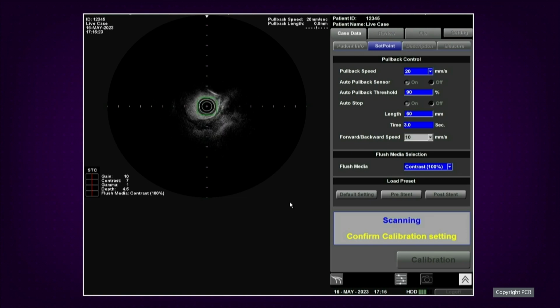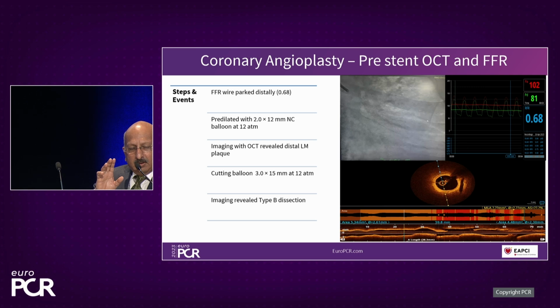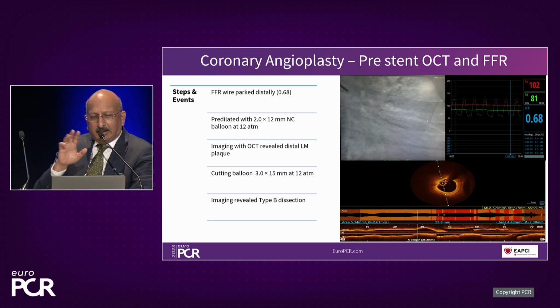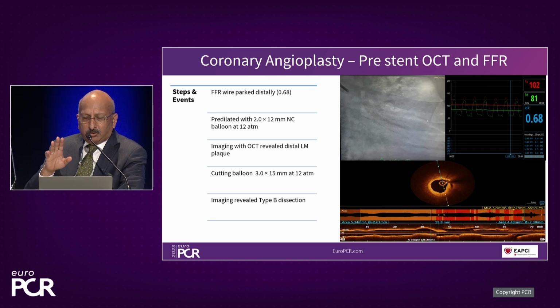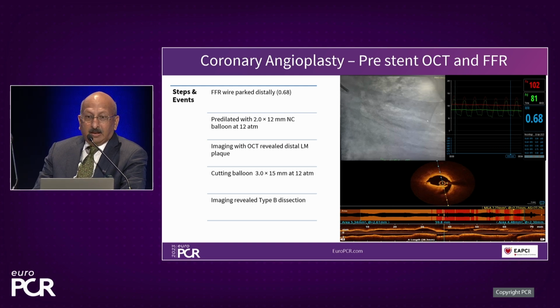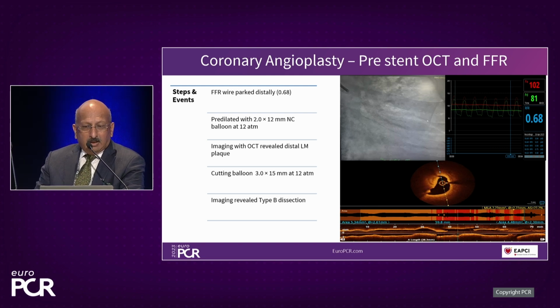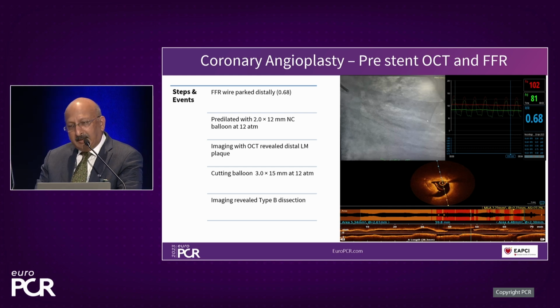Here you can see that we are doing this entire case on an FFR wire, because the initial plan was to do a good balloon dilatation with a cutting balloon, because it is non-calcified, so no shockwave, and then probably leave it with just a regulating balloon. But of course, it was provisional stenting to the LAD.